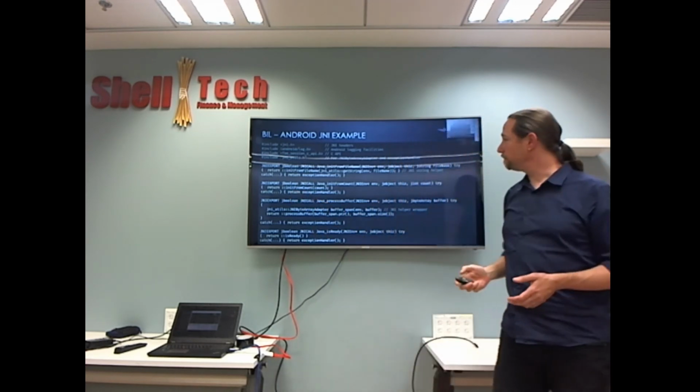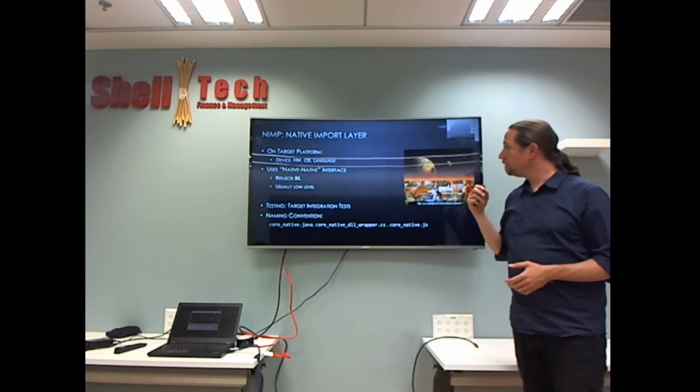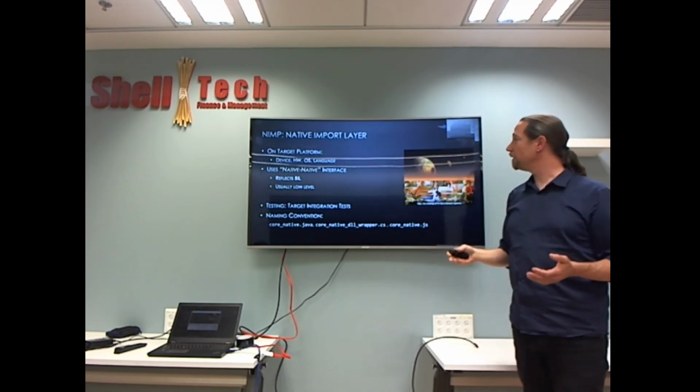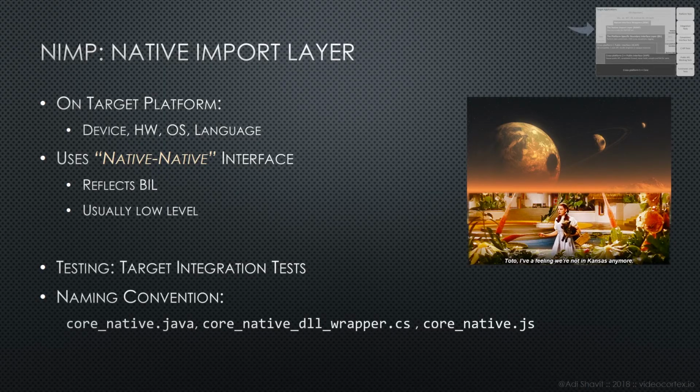Right? Okay. So the one before last layer, this is the native import layer. It's actually the very obvious thing you would expect. The only thing is that we're not in Kansas anymore. We've left C++ land, right? This is the irony of the native interface, because the word native is overloaded with two opposite meanings.